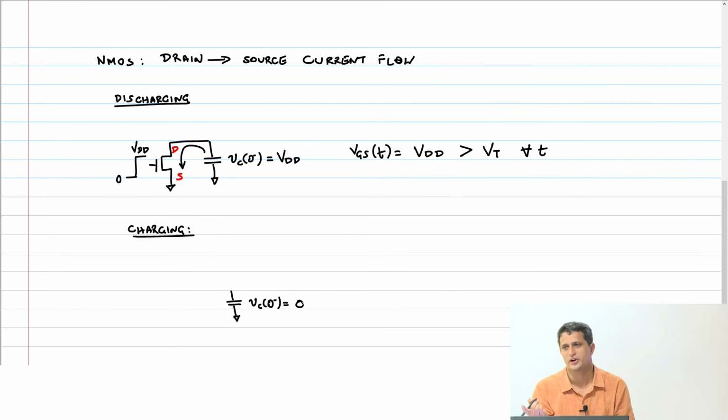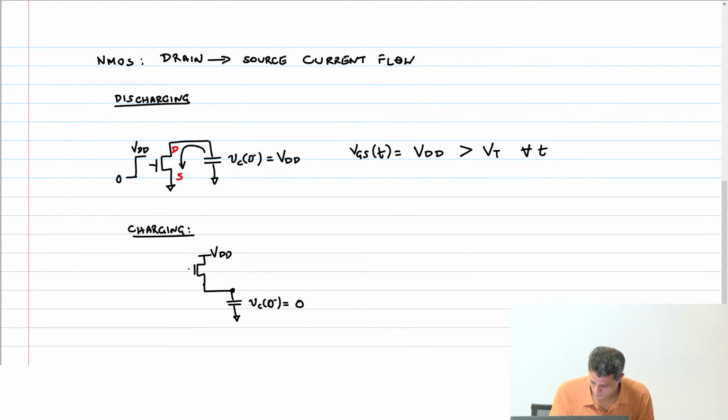The capacitor has been discharged. Now I am trying to charge this all the way to VDD. So therefore, this is VDD. What should I apply on this gate again? Same thing, a pulse going from 0 to VDD instantaneously.